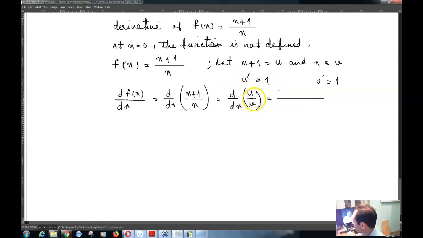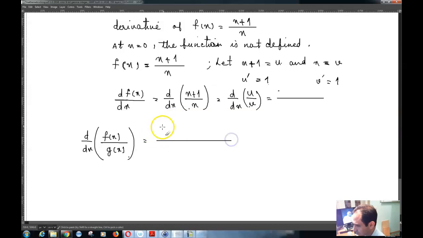Well, we said that if we had two functions, d by dx of f of x divided by g of x, that was equal to, let me go back over there, I have forgotten that formula.